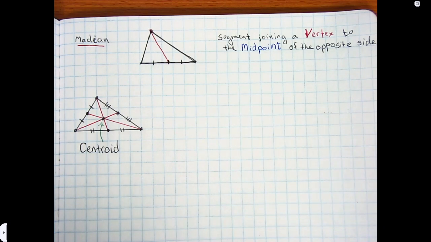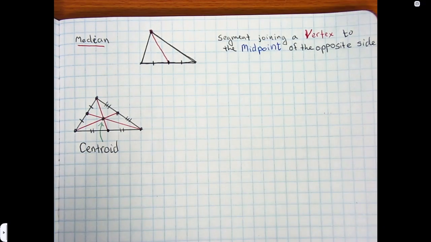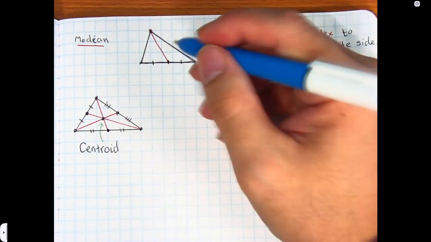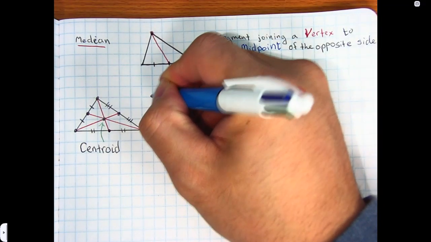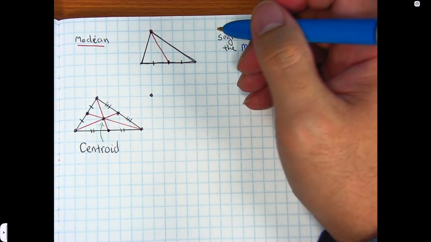Now, is it possible that you don't have a centroid in a triangle? I don't know. I'm trying to find out. The best thing to do is, it's easy enough that you can determine the midpoints, connect them, and see where it is.